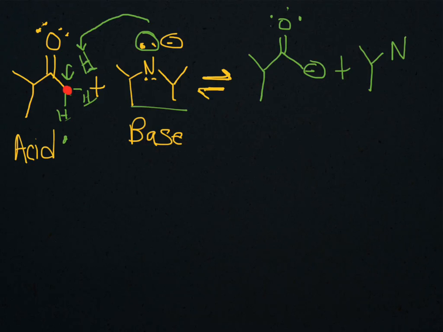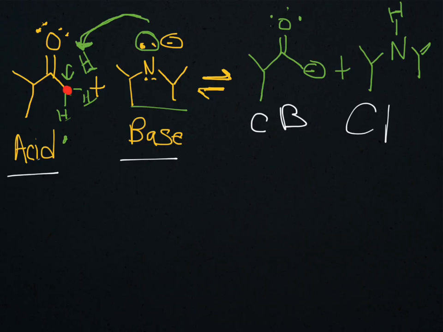And our products will be the following. This hydrogen is bonded to this nitrogen because of the mechanism that occurred here. Okay, now the next step is to identify our conjugate base and our conjugate acid. In this case, this acid produced this conjugate base, and this base produced this conjugate acid.